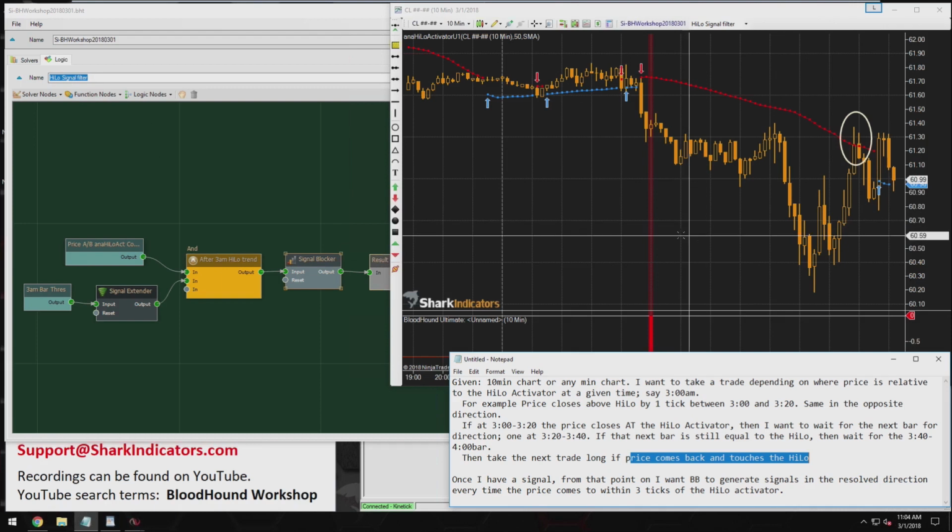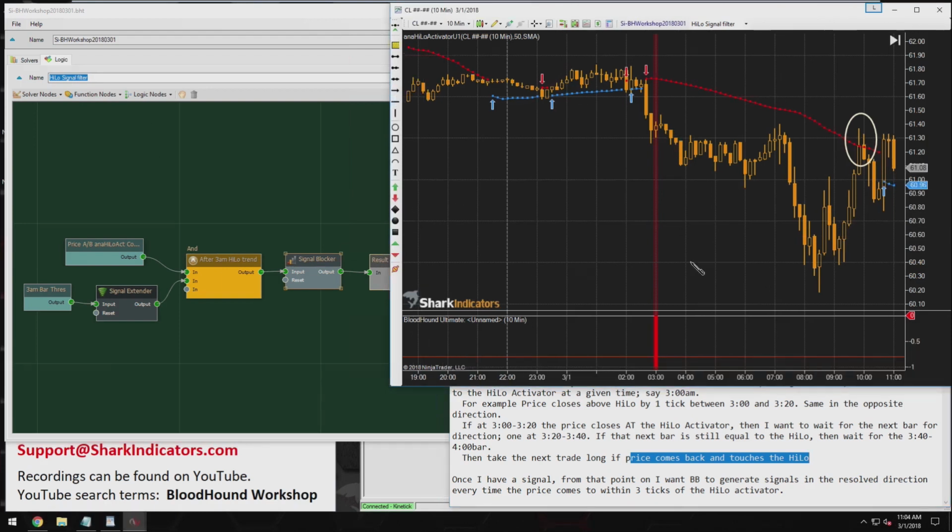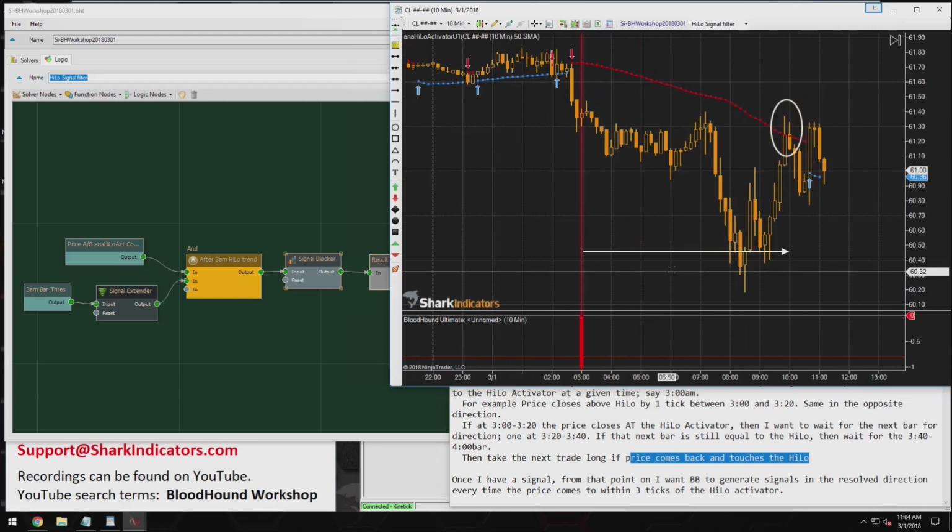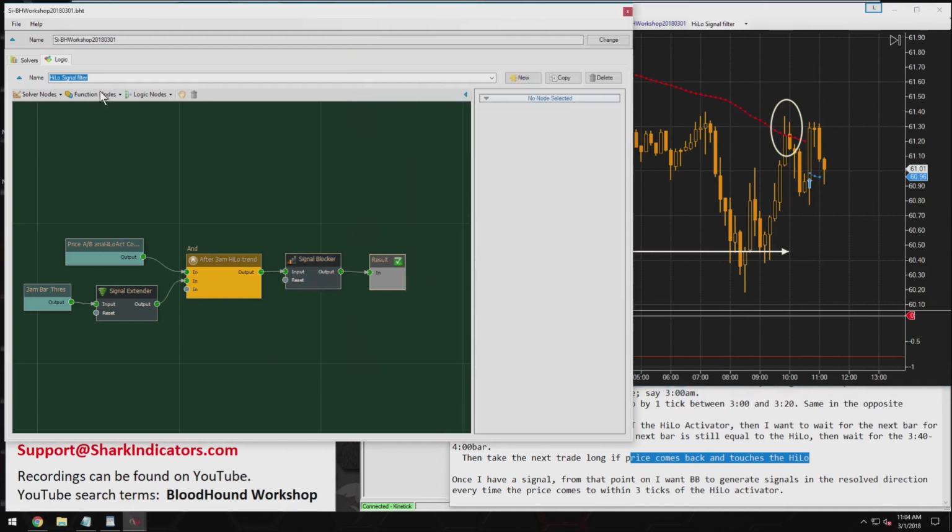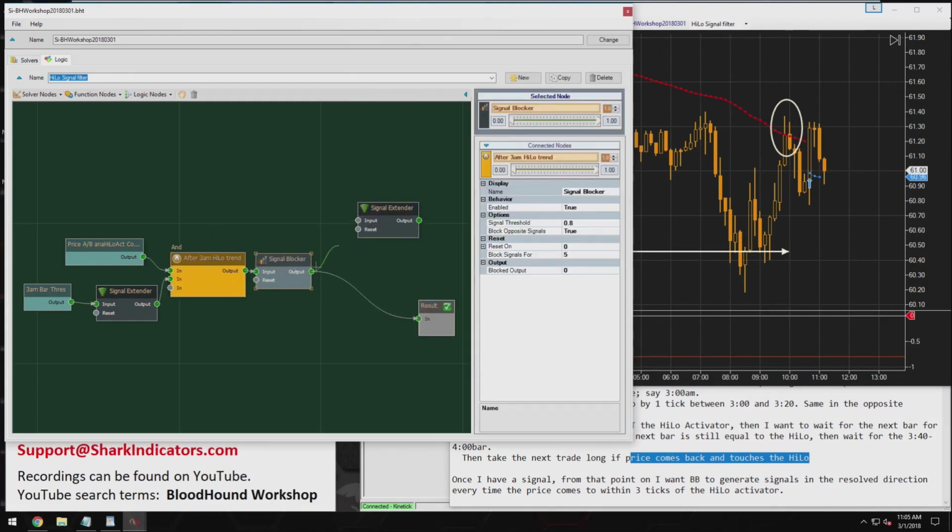So the first thing is, we're going to have to take this signal and extend it forward in time, right, until we get a pullback. So we're going to go and use a signal extender again. Let's grab another signal extender.